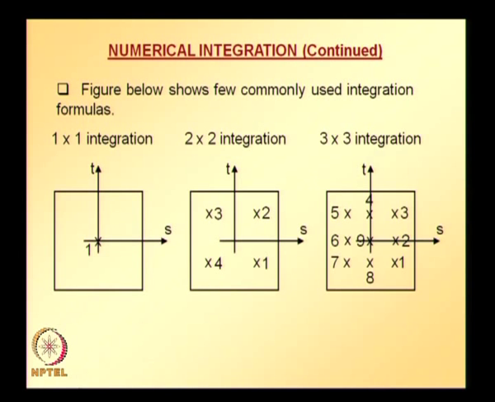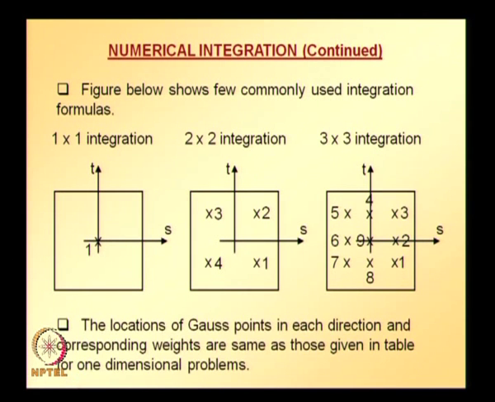Similarly, 3 by 3 integration, where 3 points are taken along the s direction, 3 points in the t direction, resulting in a total of 9 integration points. And the location of these points in each direction and the corresponding weights are the same as those we have studied for the one dimensional case.